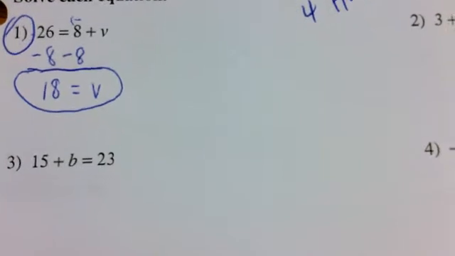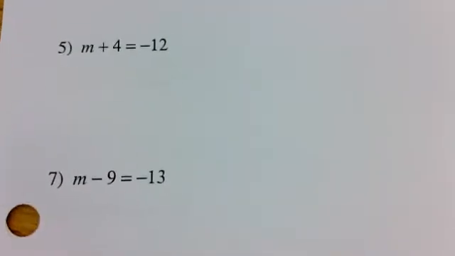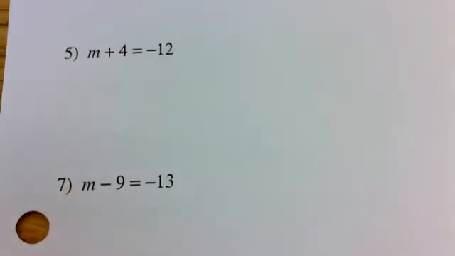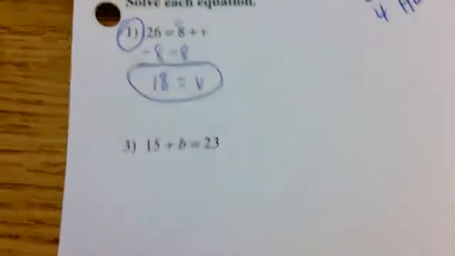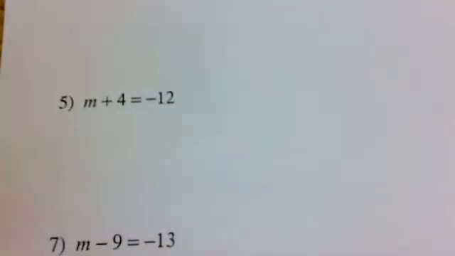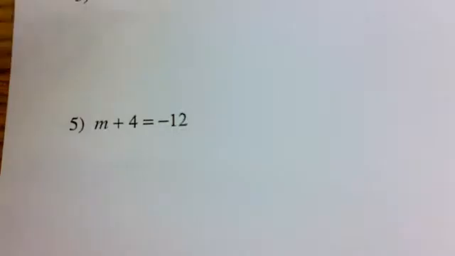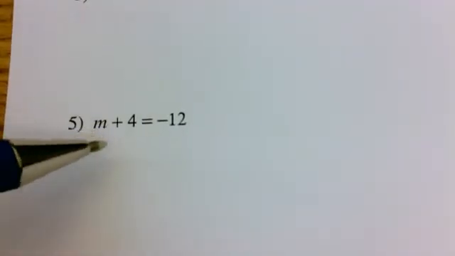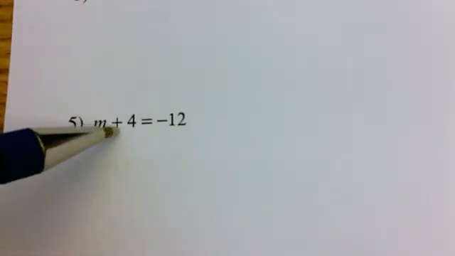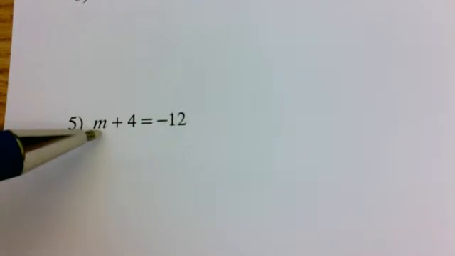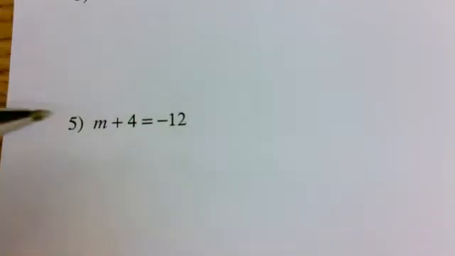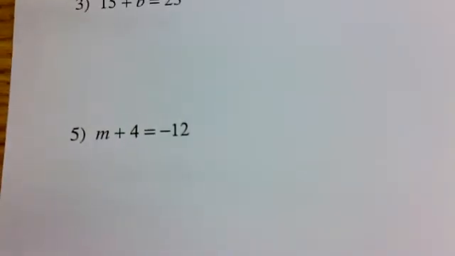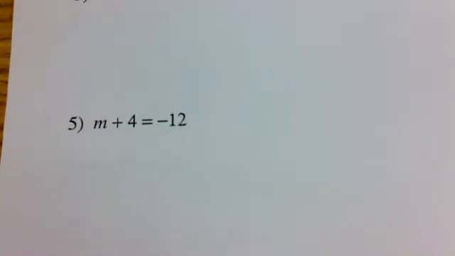Okay, I'm going to jump to number 5. Number 5 was the next one that we did in class. If I take a look at this problem, as long as there's a plus or a minus sign in between the number and the variable, then I know I'm adding and subtracting. So I always do the opposite. I would always do the inverse operation.